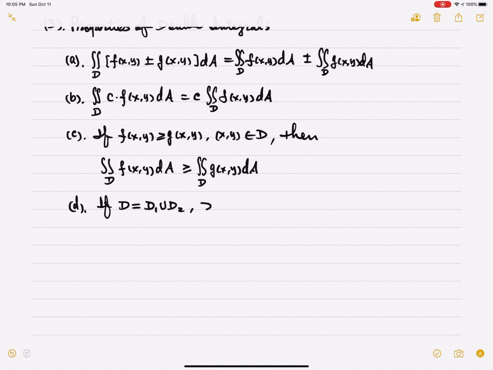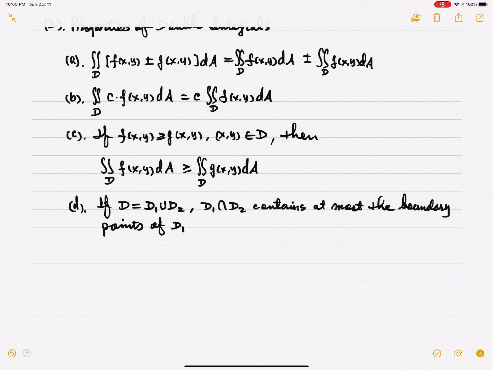And D1 intersect D2 contains at most boundary points of D1 or D2.